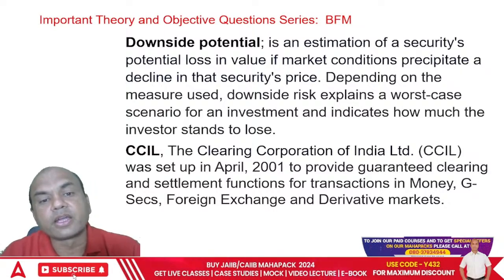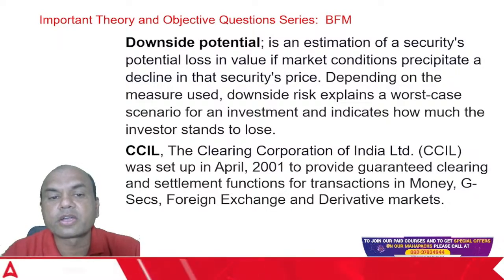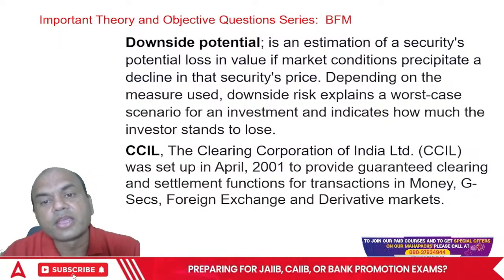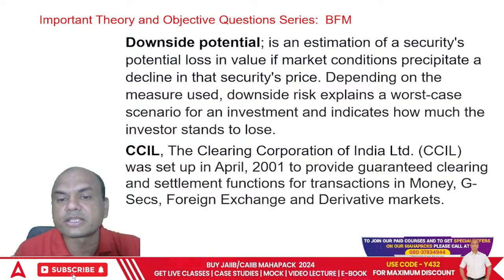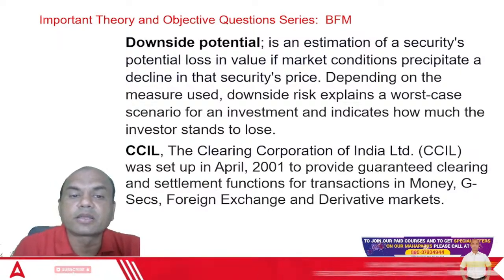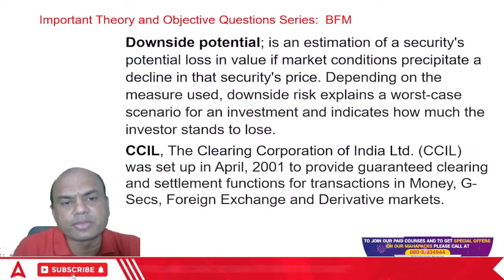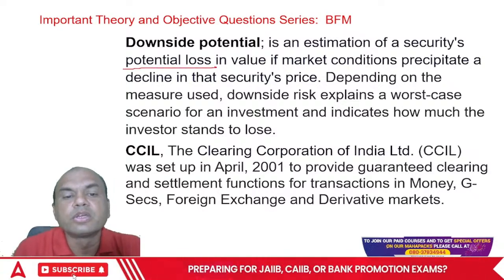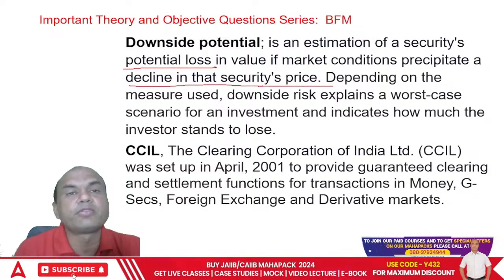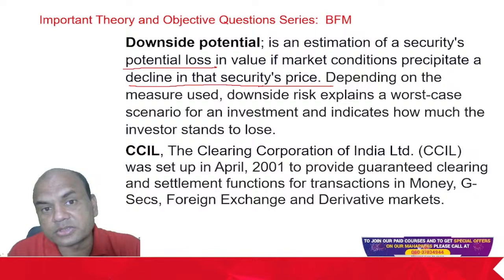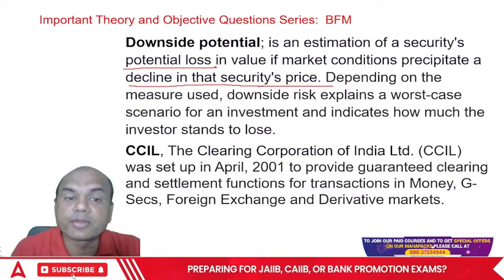Next one. Downside potential. It is the estimation of a security's potential loss in value if market conditions precipitate a decline in the security's price. Means what? Keep it very simple: potential loss due to decline in the price of the security. For example, we have studied this in our ABM also, or in our JIB also.